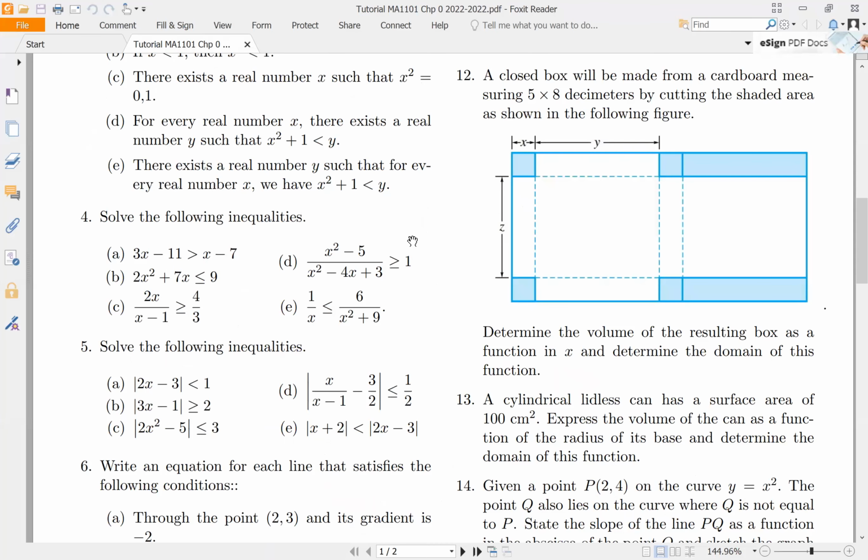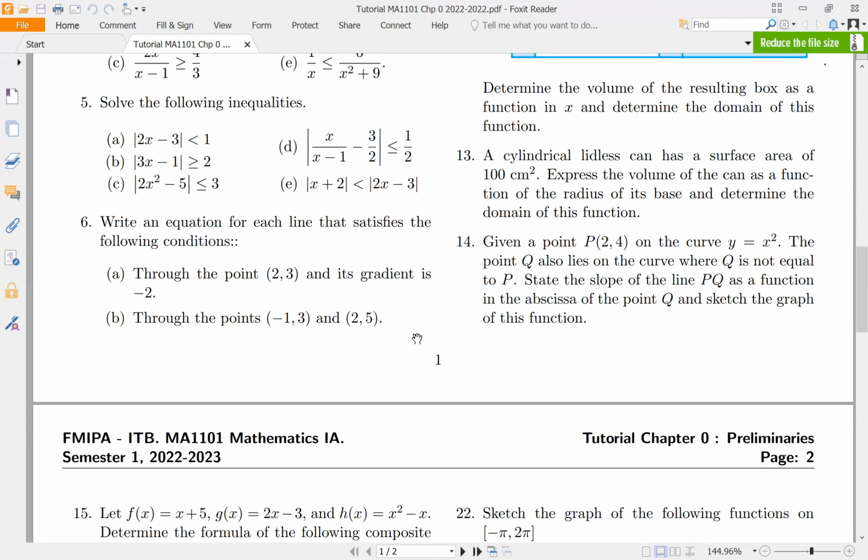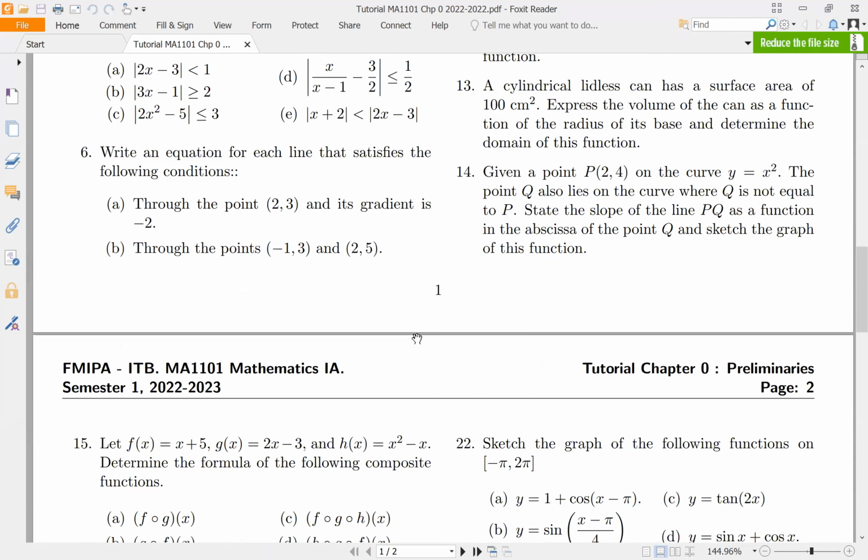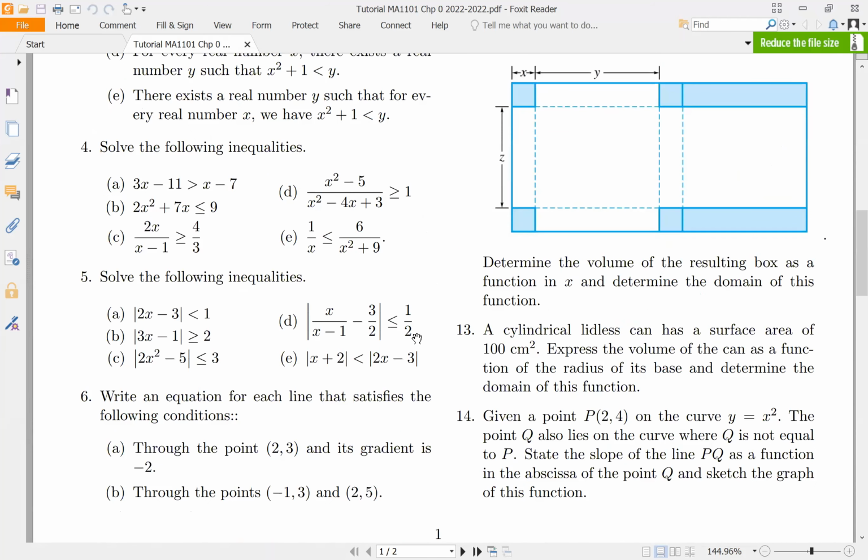Okay, so let us resume the discussion about the solution to this tutorial problem. We have discussed numbers 4 and 5, and now we want to continue with number 6. Actually, it's quite straightforward.